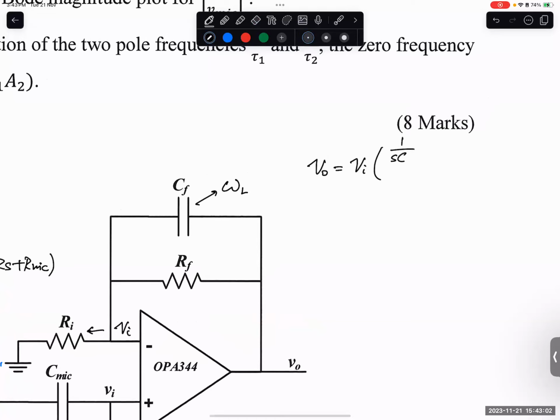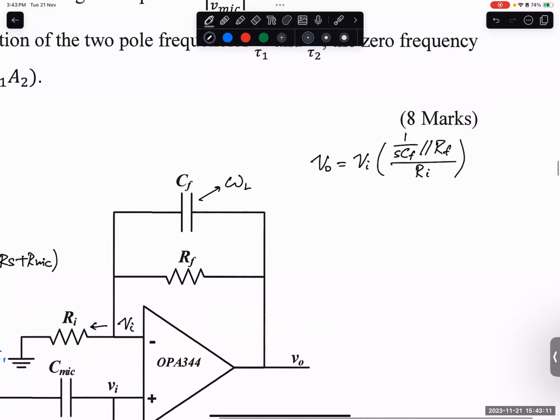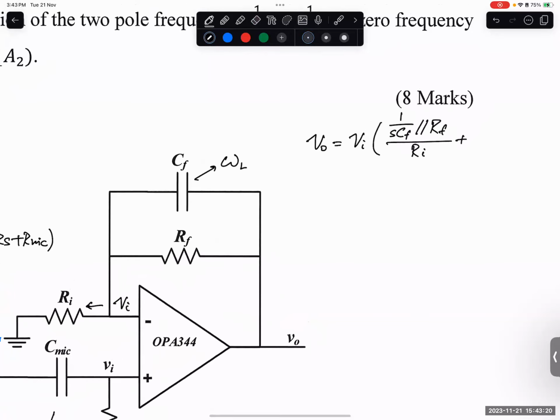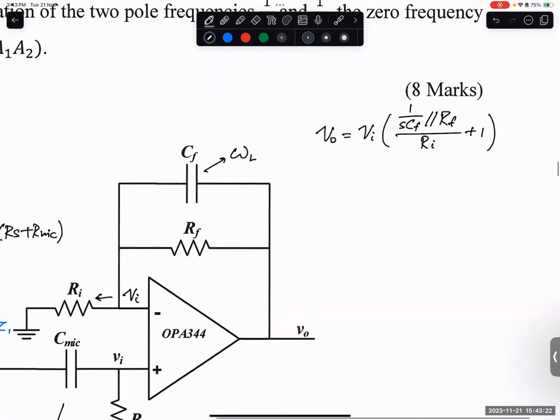over R. Can? 1 plus. Oh. Yeah, need to plus VI. Yeah, you're right.